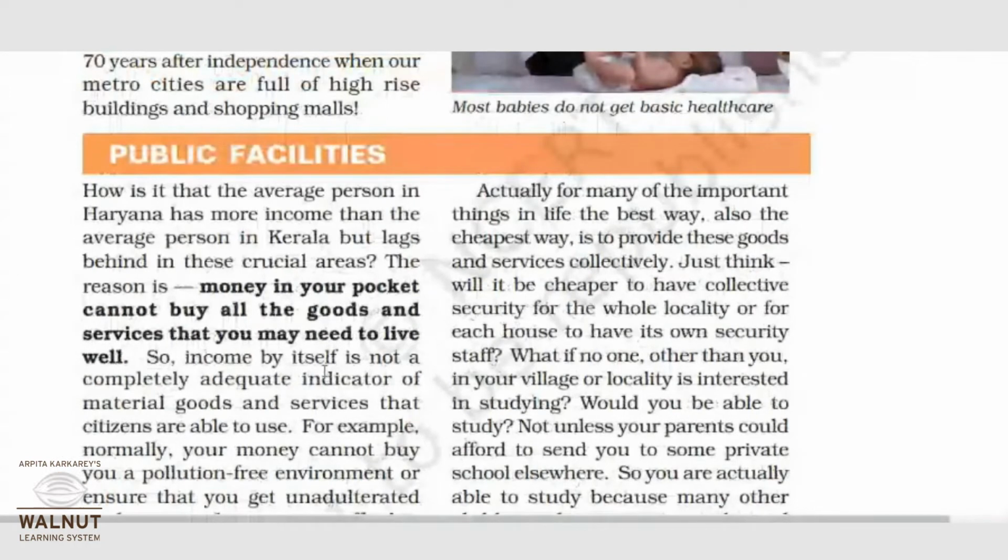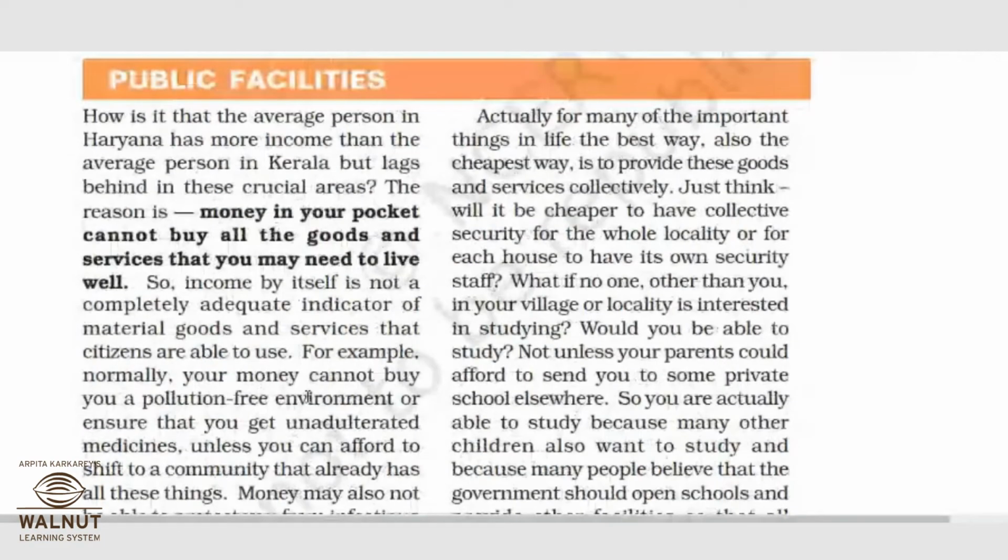So what does it mean? Who can tell me what it means? What have you understood? So basically, this paragraph means that money can't buy us many things such as a pollution-free environment or unadulterated medicines and so on.